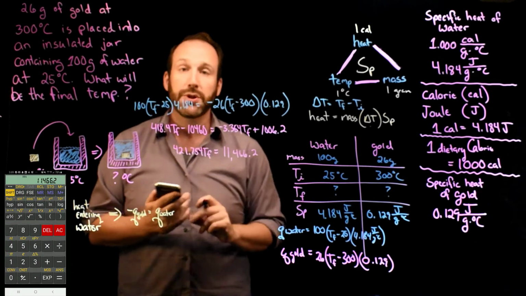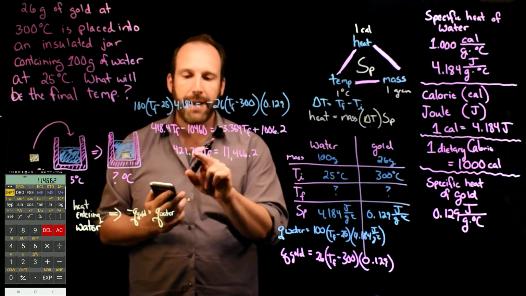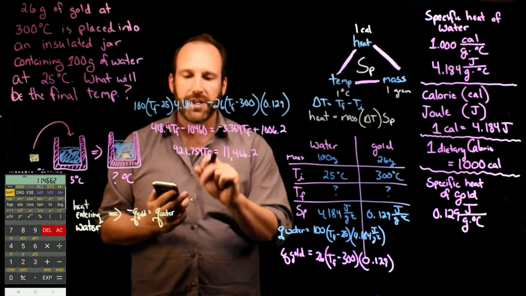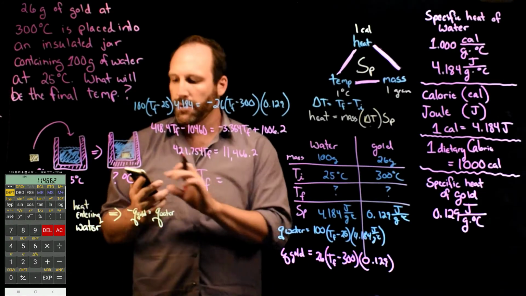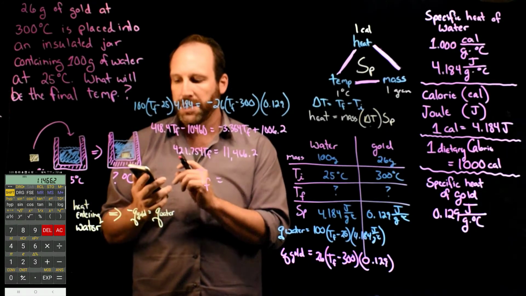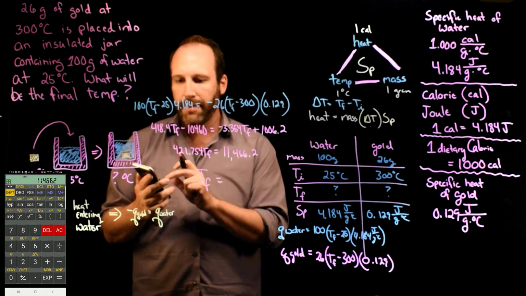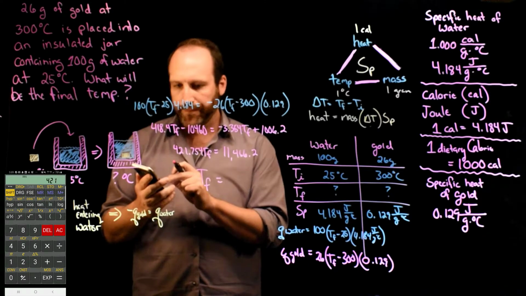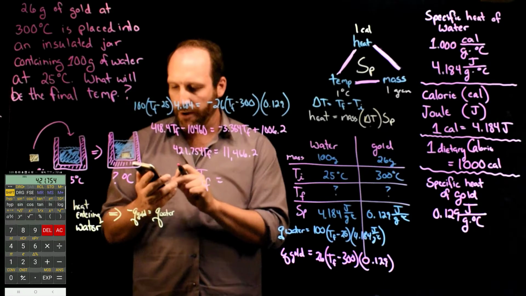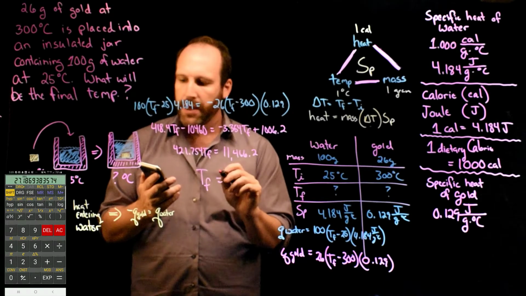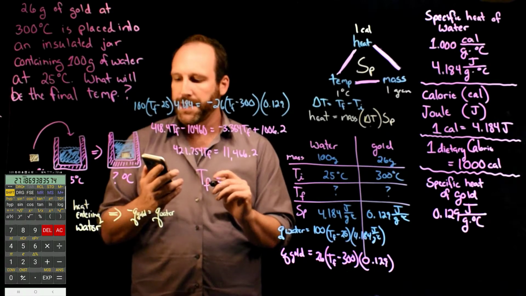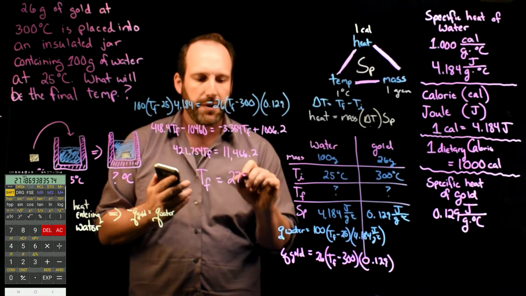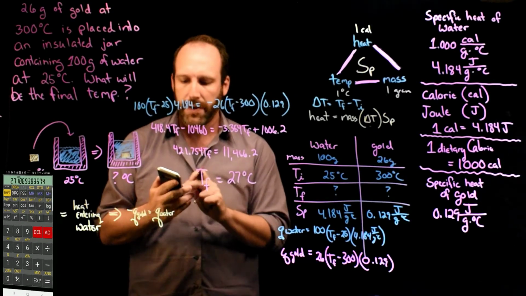And now to solve for TF, I'm going to divide both sides of the equation by this 421 number. So TF is equal to 11,466.2 divided by 421.754. And that gives me 27, let's just say 27 degrees Celsius.